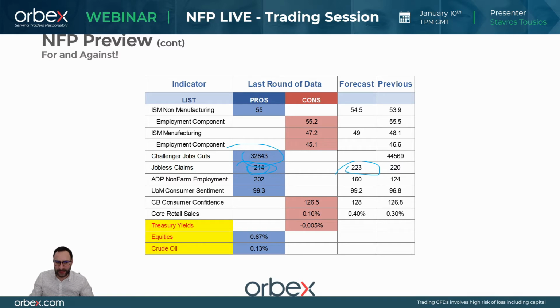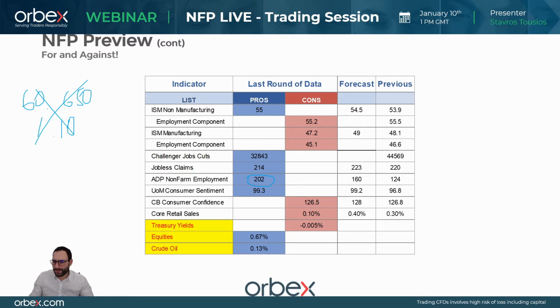The ADP came out good, okay? It came out at 202,000 jobs added. Now, of course, this is a sample that has a relationship of 1/10 compared to the NFP, because for the NFP we are sampling about 650,000, while in the ADP case it's around 60,000, right?